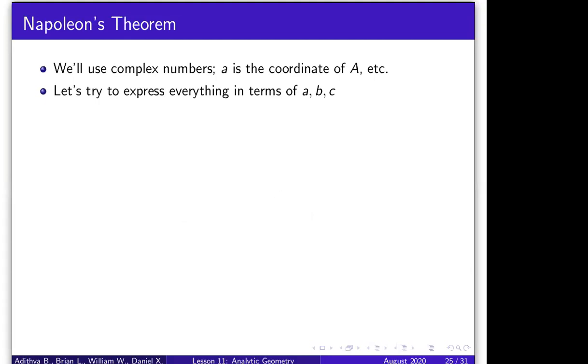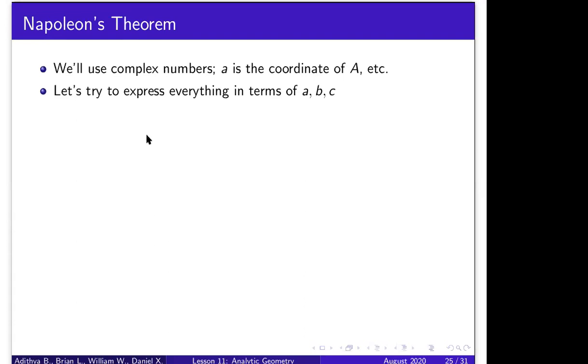So let's get started. How can we express the point D? We have an equilateral triangle BCD, where we have coordinates b and c. Expressing the third vertex of the equilateral triangle should be pretty similar to the previous problem.